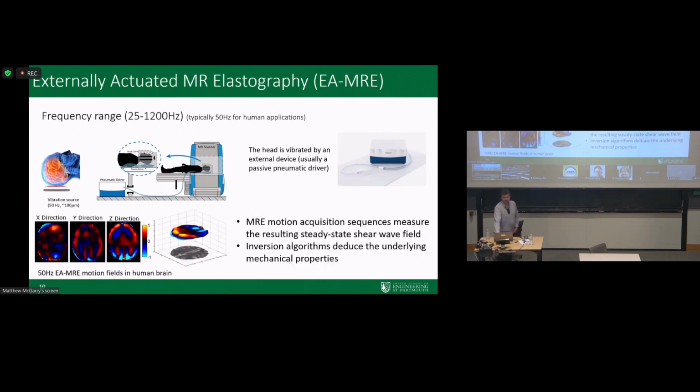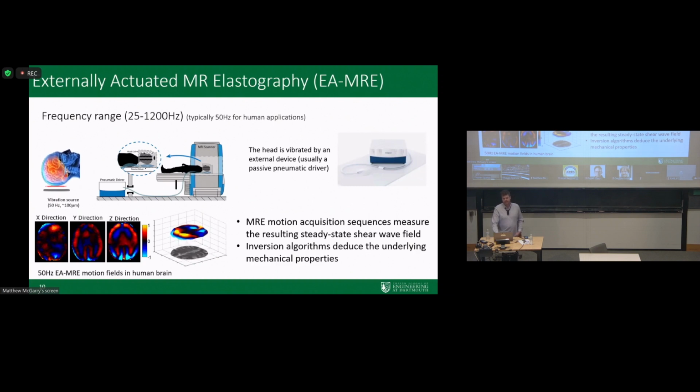These are the sort of wave fields that we measure at 50 hertz. We've got three-dimensional wave fields through the full brain, and the fastest scans get these at about 2 millimeters resolution in around 2 minutes.